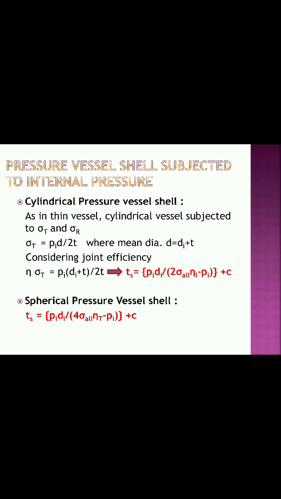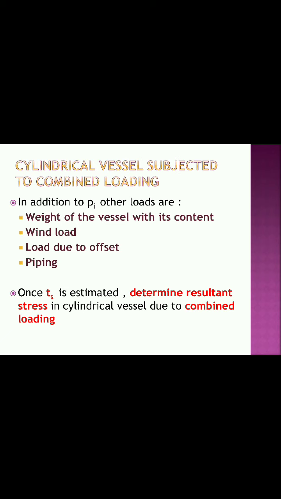You can see that instead of 2 sigma allowable, 4 sigma allowable is going to be considered, and instead of efficiency of longitudinal joint, efficiency of circumferential joint is going to be considered. So these are the important basic formulas that we will require while designing a pressure vessel when it is subjected to internal pressure.